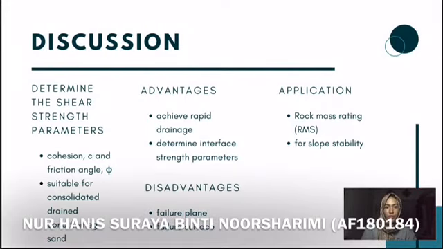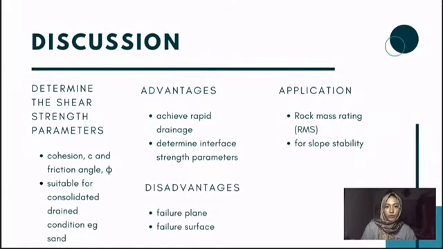My name is Suraya binti Nursyahira, AF180184, and today I'm going to continue the discussion of this project. As we know, the parameters of shear strength are important to observe to avoid slope and soil failure in any construction. Hence, the direct shear test has advantages and disadvantages. The advantages are that, due to the smaller thickness of the sample, rapid drainage can be achieved.